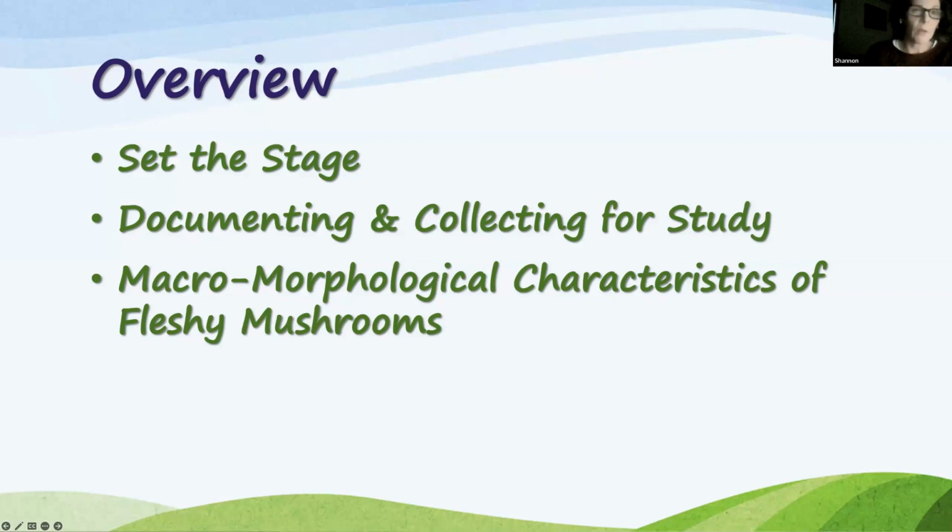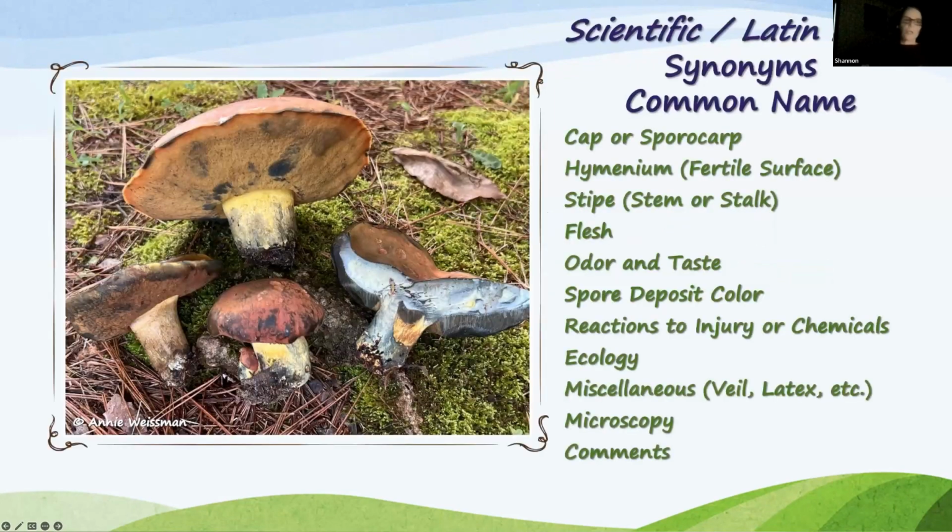If you haven't already opened up a mushroom identification book, there is a feast of information that's presented to you when you begin to endeavor into mushroom identification, whether you are just browsing a field guide or you're using a guide for identification purposes, trying to narrow down who it is that you have in front of you.